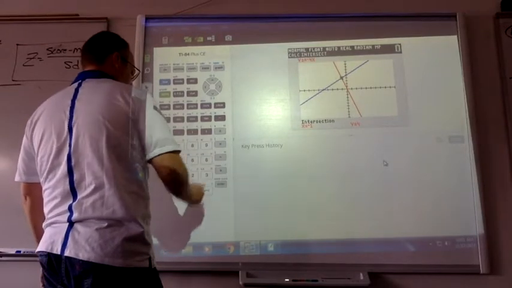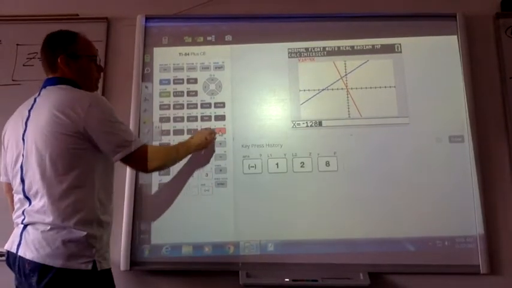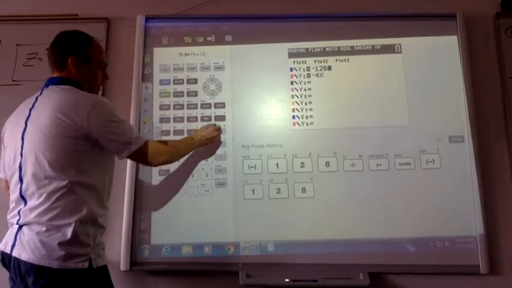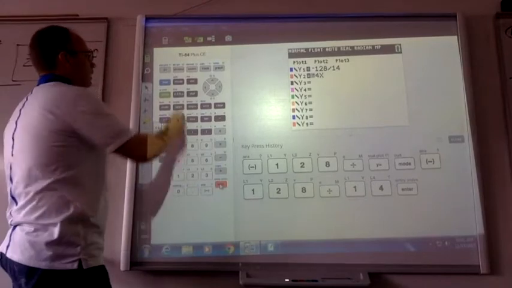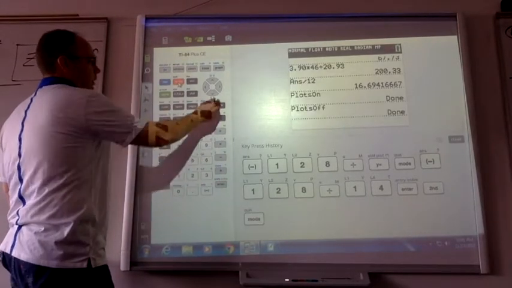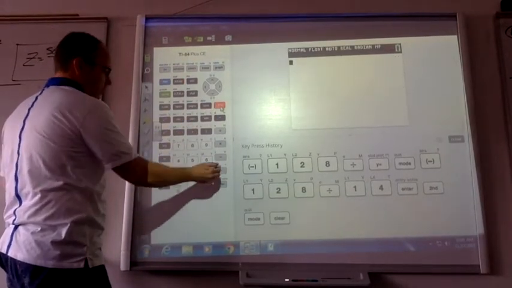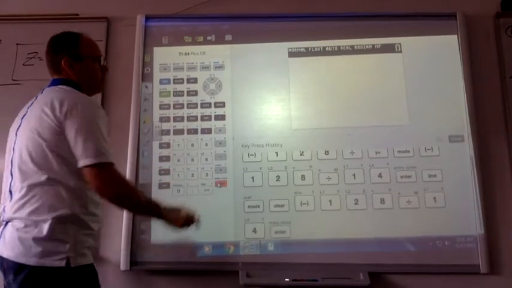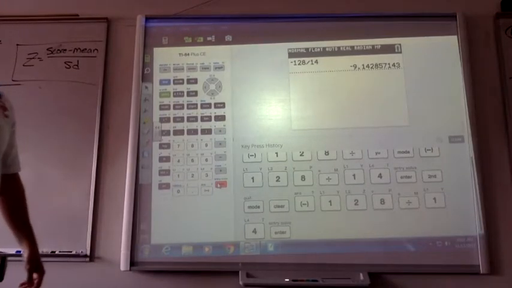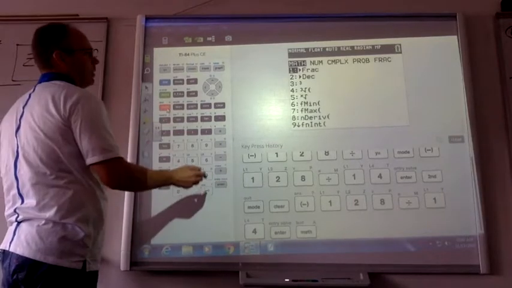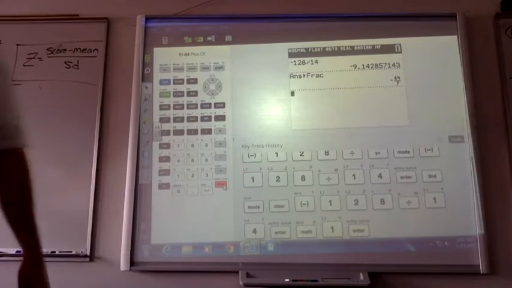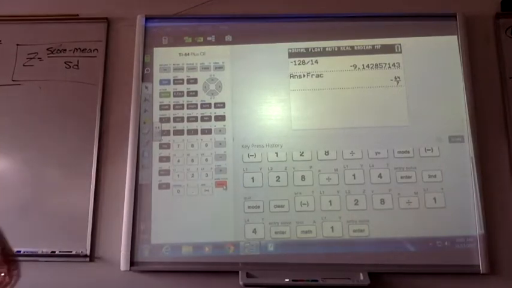Negative 120 by what? 14. Holy moly! Negative 9.14. Let's see if this works. Math, fraction, enter. Negative 60 over 7 is the answer there.